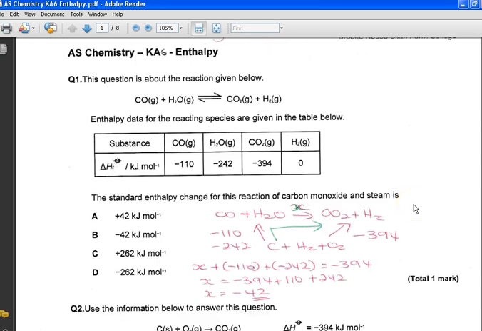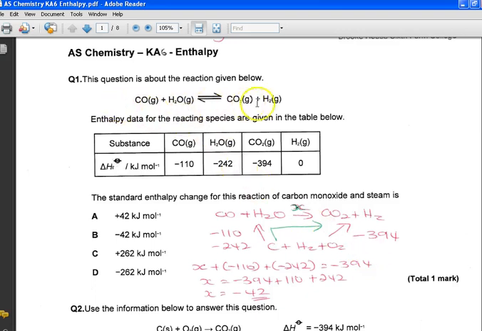So multiple choice, but the easiest way to make sure that you get these answers right is to scribble a Hess cycle, because a lot of you got this with the wrong sign. If you'd drawn the Hess cycle and quickly done the calculation, you would have seen it was minus 42.